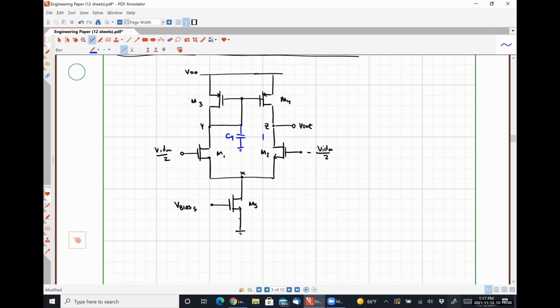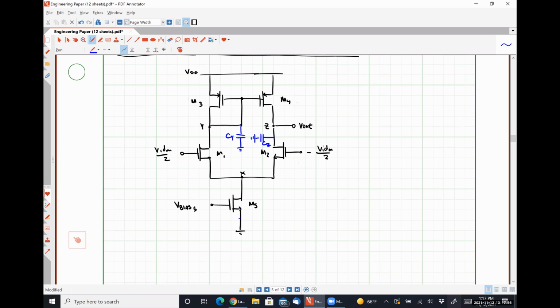And so let's say that we have some capacitance CZ here, where CZ represents the output capacitance of our PMOS current source loaded common source amplifier. Okay, so we've done all of the legwork.